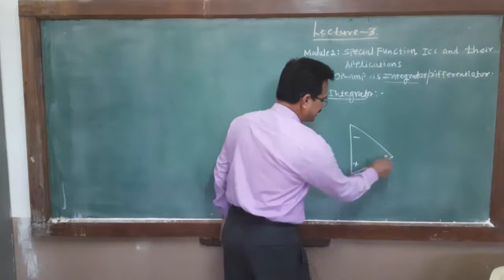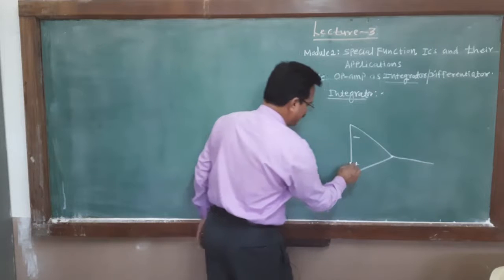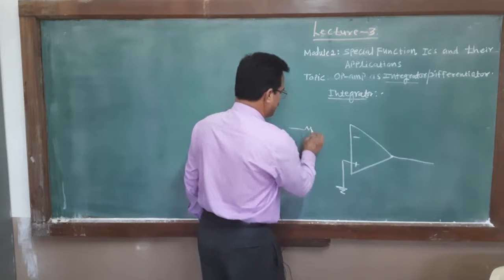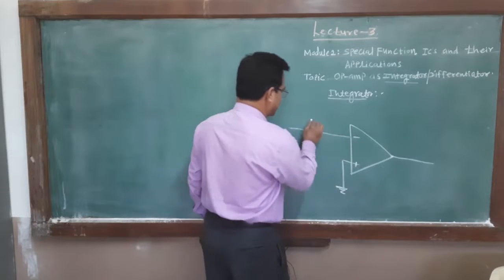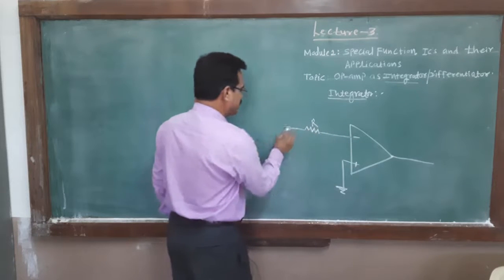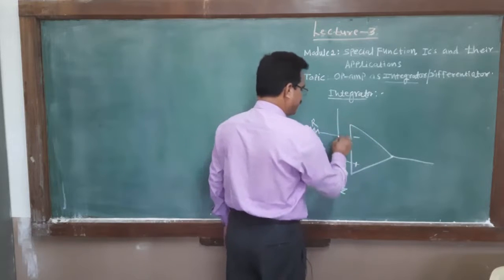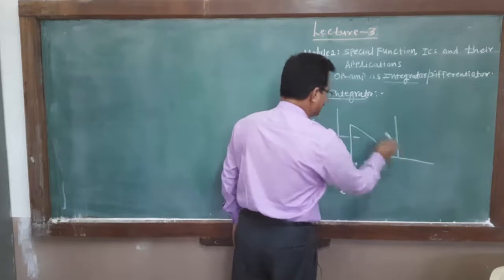The op-amp has two input terminals and one output. One terminal is connected to the ground. For the other terminal, a resistance R is connected, and the input Vin is given here. Feedback is given between the output and this terminal.